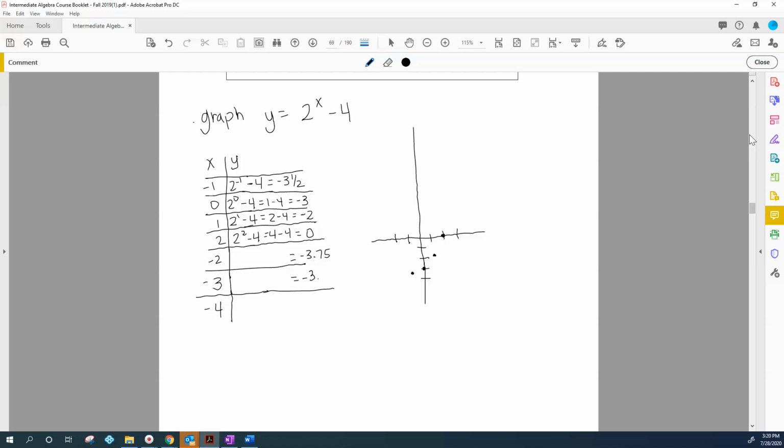If you have it as a decimal, it's going to be -3.875.